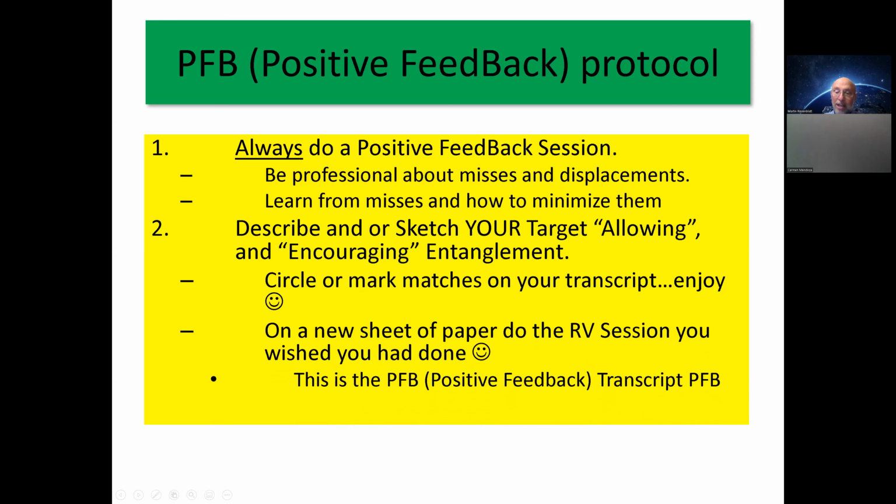You don't trace it. You do an RV session. You put the coordinate on the left, you put your name on the right, and you do the session you wish you had done. So you probably would have all the good stuff from before, but then you add things. And this is what's called a positive feedback transcript.